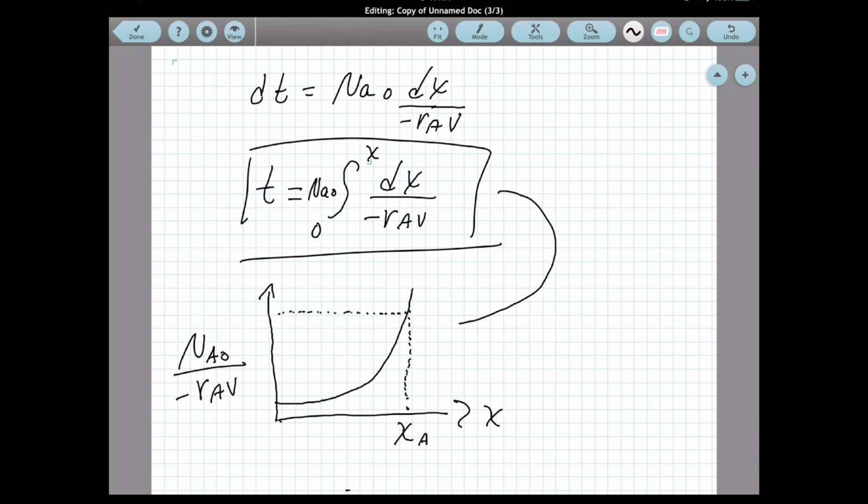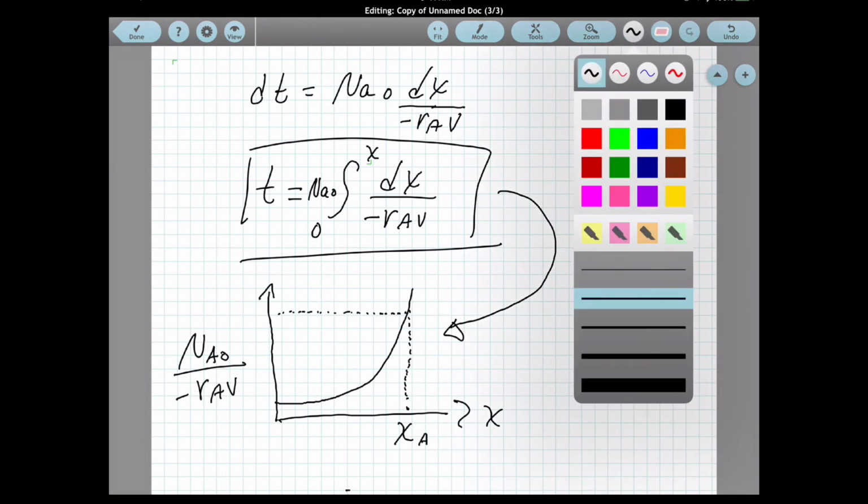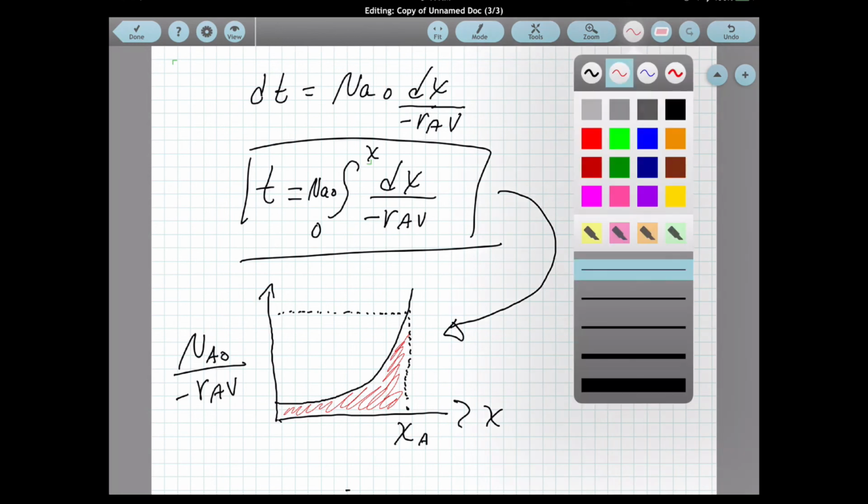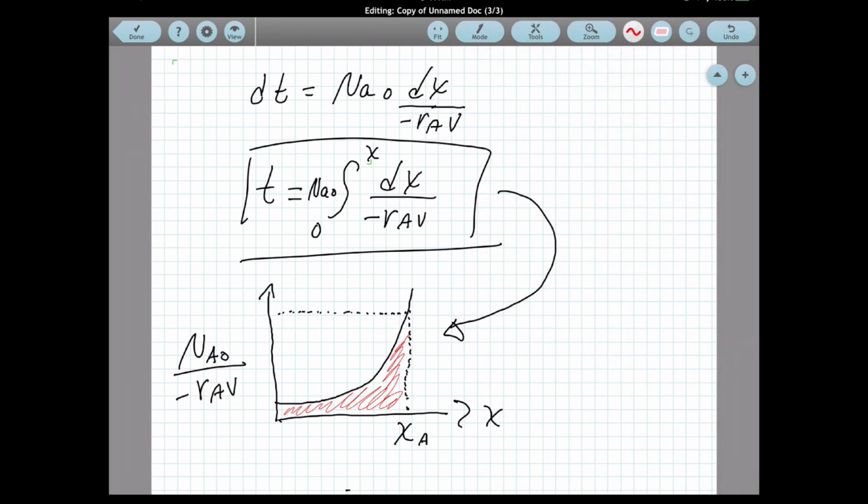Because this equation is in the form of an integral, we can see that the area under the curve corresponds to t, or the time. So if we have data collected for that particular reactor, we can rearrange the parameters so they look like this type of graph, and we can graphically calculate the time of the reactor.